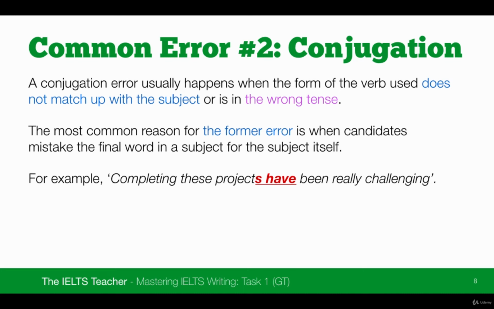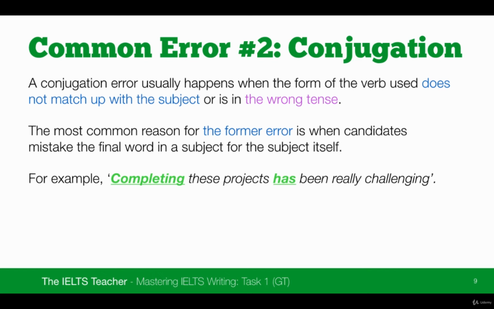So sometimes people see the word projects, which is in the plural, and they use that as the subject. They think that that word is the subject, and therefore they use the plural conjugation of has, which is have. But the problem is that projects is not the subject. The subject is completing these projects, which is a singular action, completing.